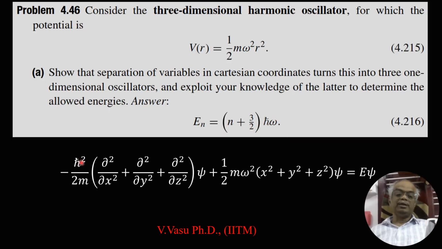So, for a three-dimensional harmonic oscillator, the Schrödinger equation is minus h cross squared over 2m times (del squared over del x squared plus del squared over del y squared plus del squared over del z squared) acting on psi, the wave function, plus 1/2 m omega squared times r squared, which I have written as x squared plus y squared plus z squared, multiplied by psi, equal to E psi.